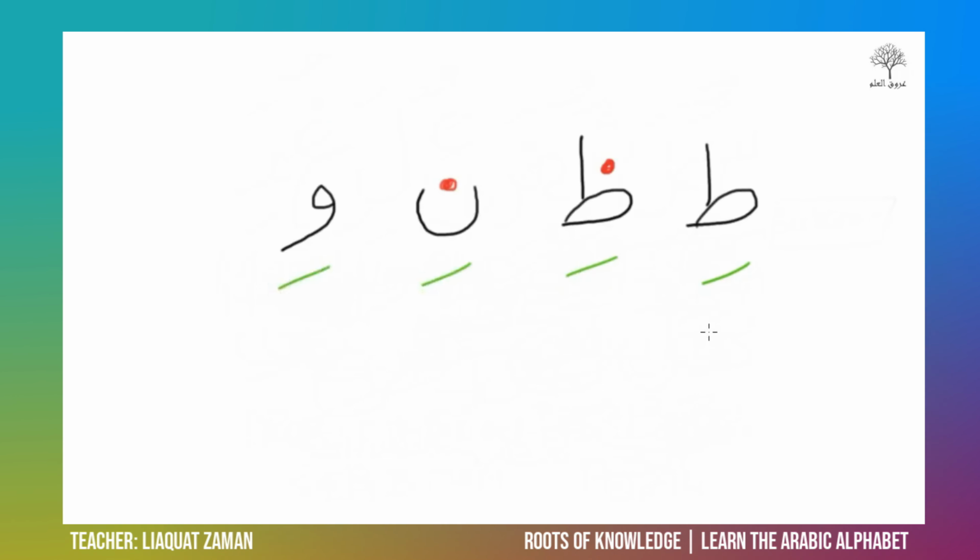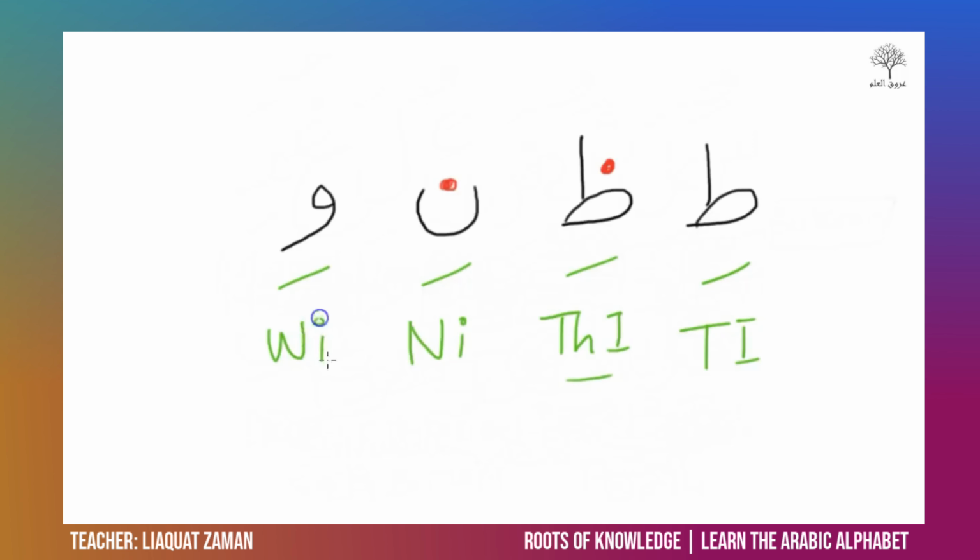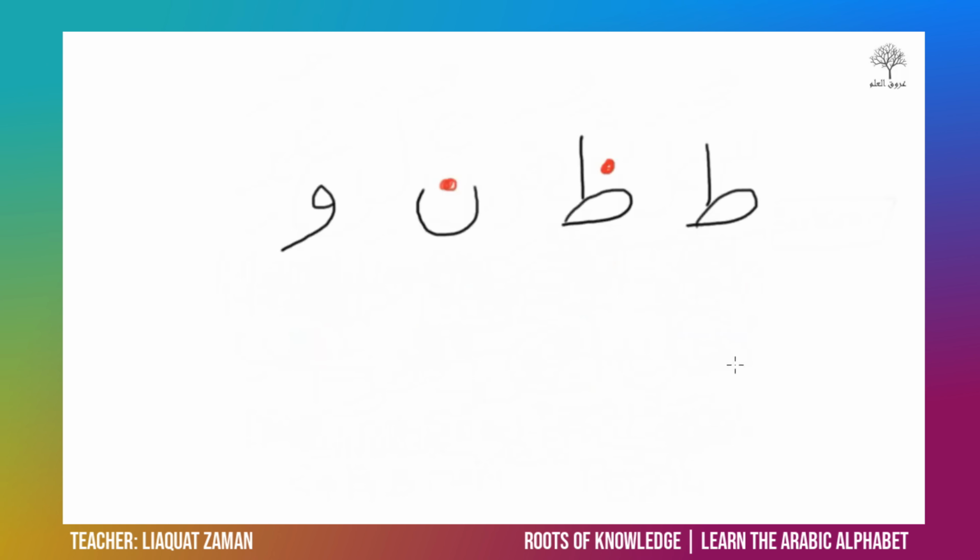Have a go yourselves. Ti, vi, ni, and wi. So have a go. Ti, vi, ni, wi.